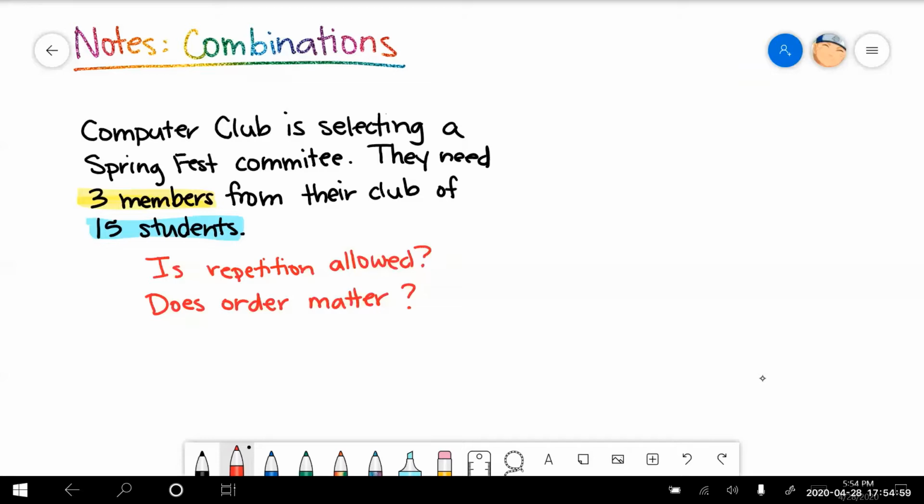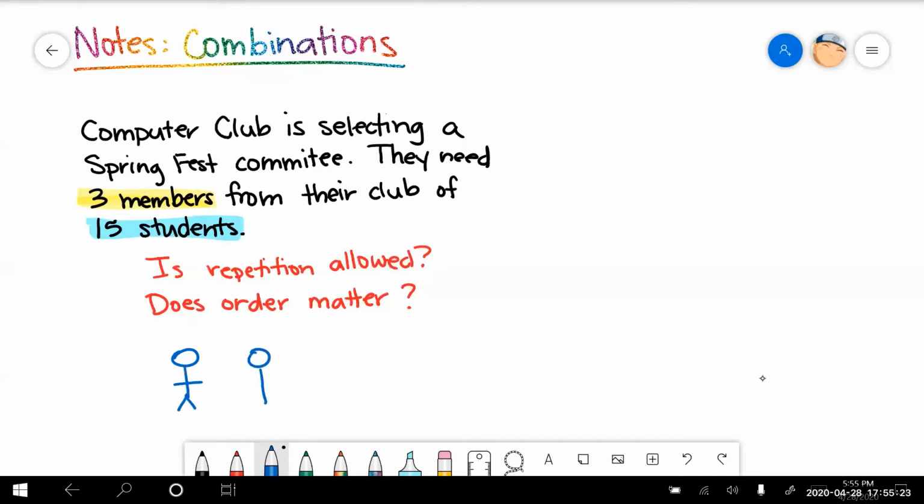So let's talk about computer club. If I'm selected for a committee, again, we run into this issue of me not being able to take another role in the committee. Now, my roles aren't designated in the committee, right? I've just got 3 people. 3 people have been selected to do the SpringFest committee.